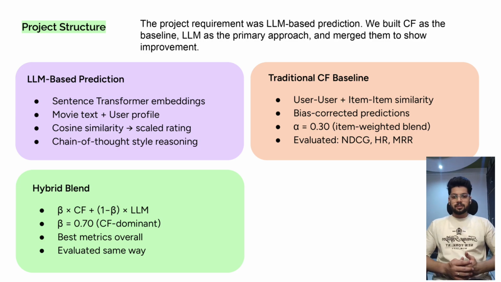Our project is structured in three parts. First is the traditional collaborative filtering method, with user similarity and bias-based predictions, which was mainly the reference point of our project. The second part was the main approach, the LLM-based approach, which is the core of the project. We use a sentence transformer to generate semantic embeddings for movies and users and then compute the ratings through cosine similarity.